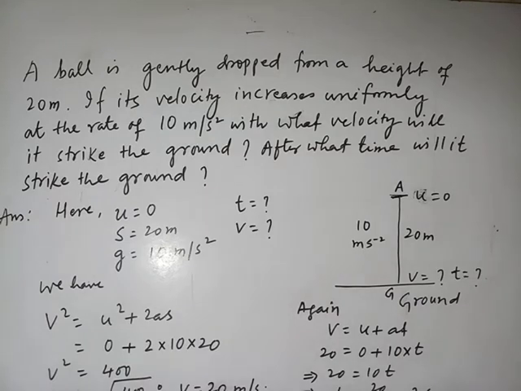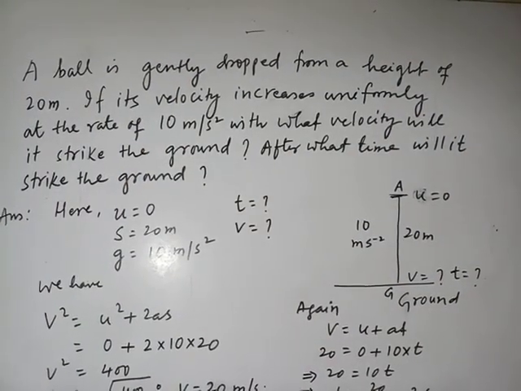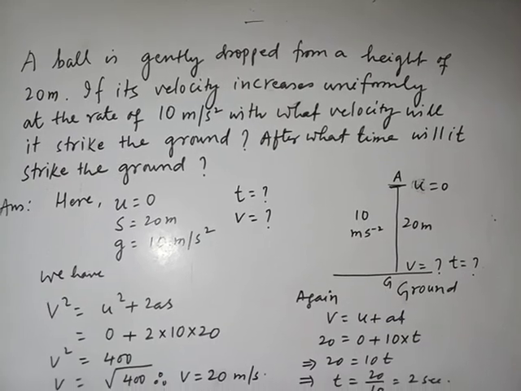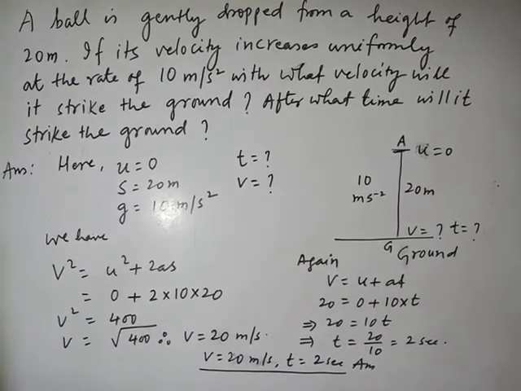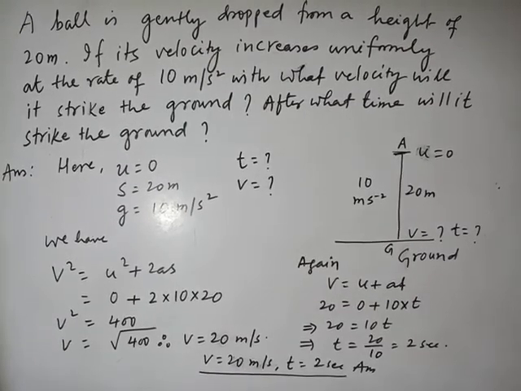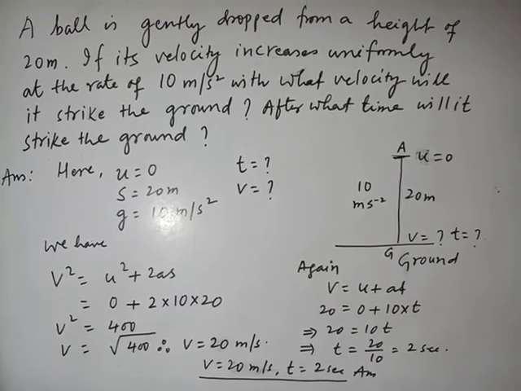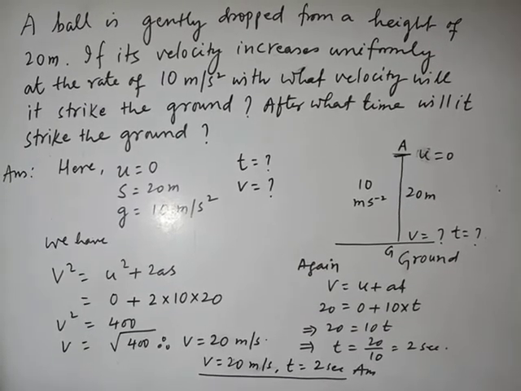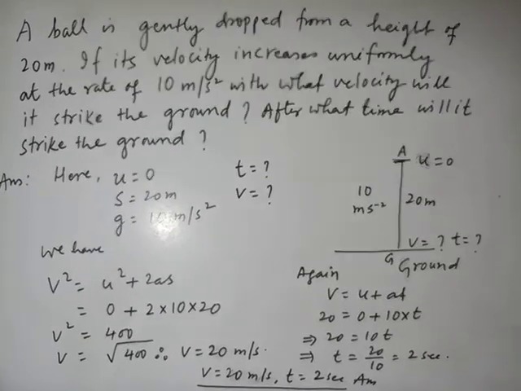So the answer is v is equal to 20 meters per second and t is equal to 2 seconds.